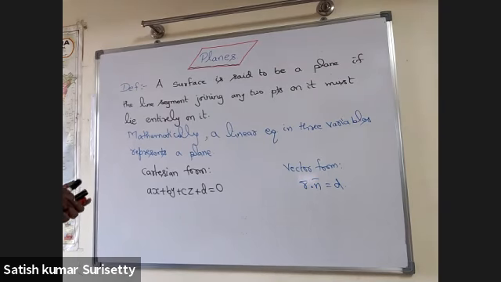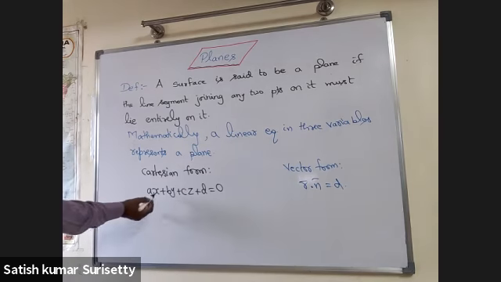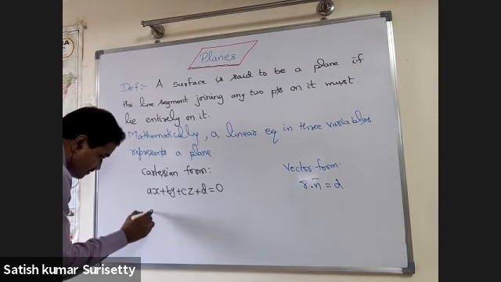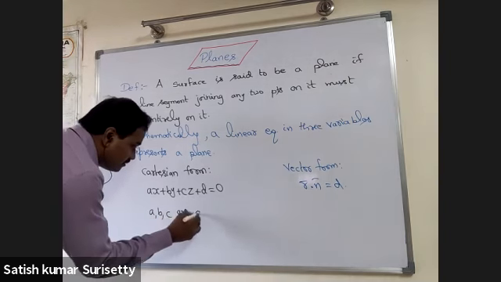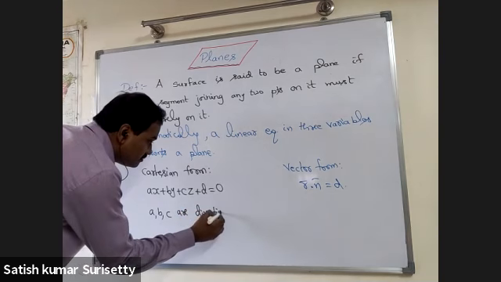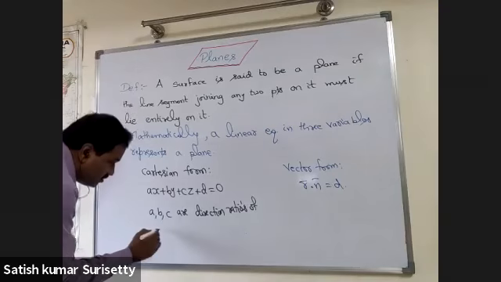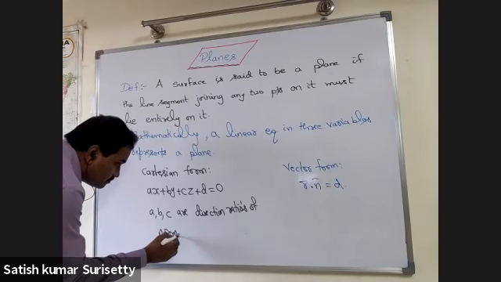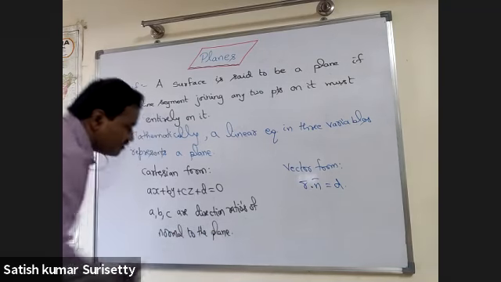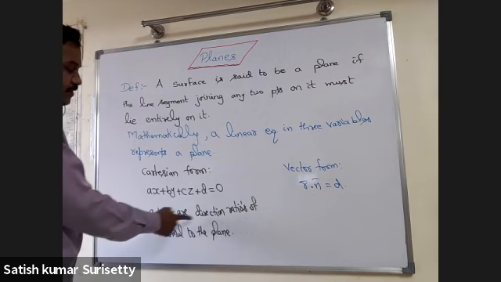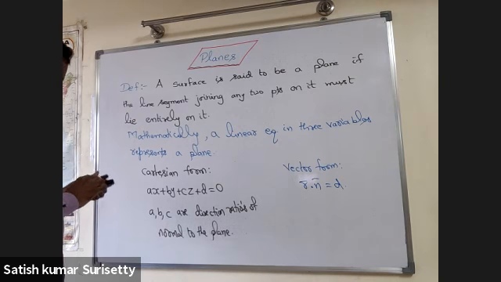In the Cartesian form, the coefficients of the variables x, y, z, that is a, b, c, are direction ratios of the normal to the plane.